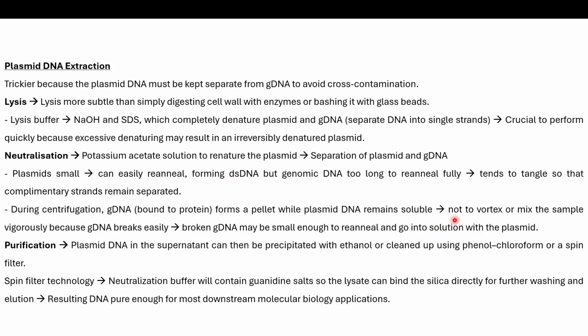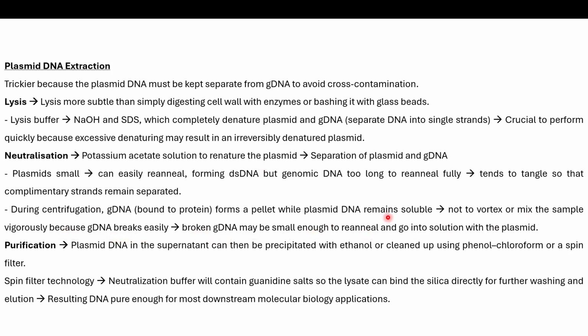Just after centrifugation, we shouldn't be vortexing or pipetting or mixing the sample, because the pellet might mix with the supernatant. The supernatant has plasmid DNA and the pellet has genomic DNA, which we are not interested in when we want to purify plasmid DNA.